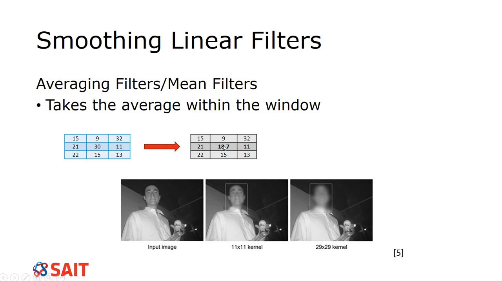Then when I go to do a different one, let's say I had a bigger image and I wanted to filter the 11 over here, I would move everything over and take 9, 32 and the number there, then 30, 11 and that number there, and 15, 13 and that number there. Then I calculate what this new pixel is going to be. Note that I didn't use 18.7, but I used 30 for the next one.